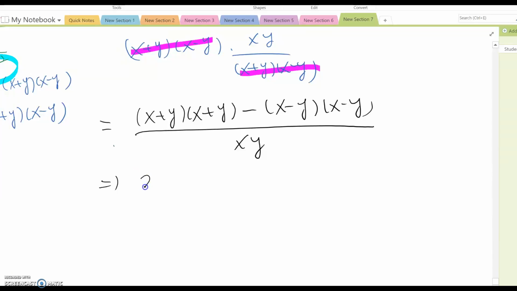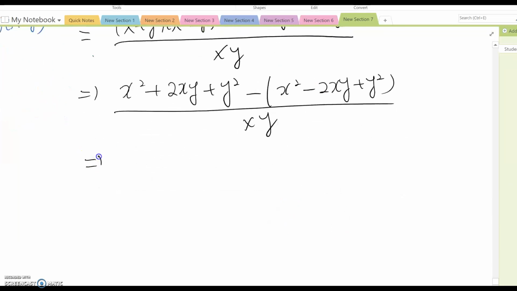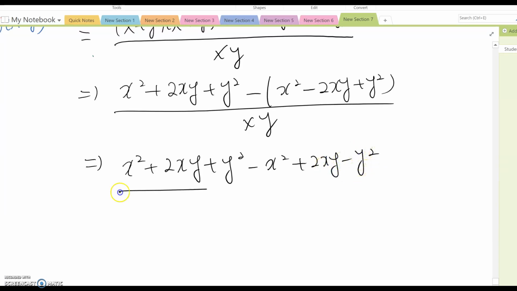Then this is going to be x squared plus 2xy plus y squared minus (x squared minus 2xy plus y squared) over xy. So it becomes x squared plus 2xy plus y squared minus x squared plus 2xy minus y squared over xy.